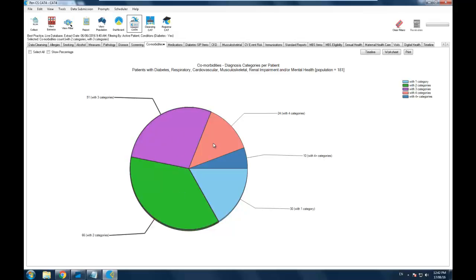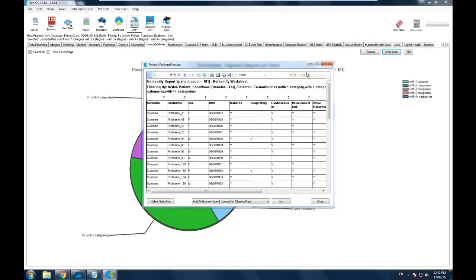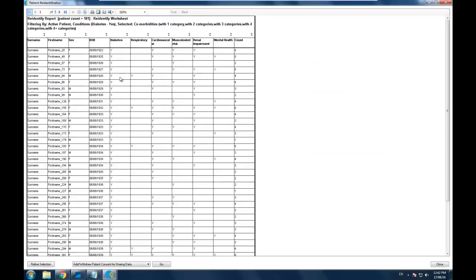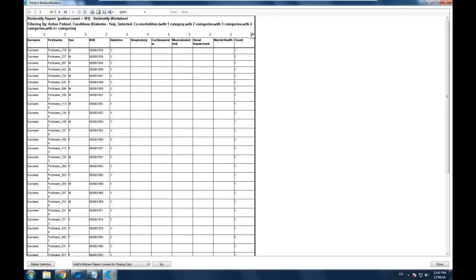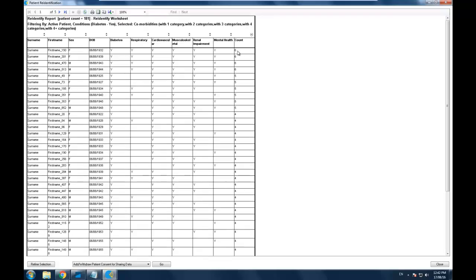So we could just highlight all, and then click on this worksheet here, and that will show you, no surprises here, they all have a yes in that column, but it will show you who has also respiratory conditions, also cardiovascular, and so on. So that might just help you again to narrow it down, so you can sort, as with all of these, narrow it down to the people that are very sick.